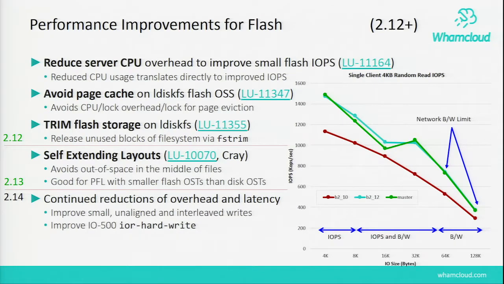It's an extension of the progressive file layouts. It lets you have the first part of a file on Flash, and then the later part of the file is on spinning disk. And the innovation here is that the boundary between the Flash and the disk can be dynamic based on how much free space is on the Flash OSTs, right?